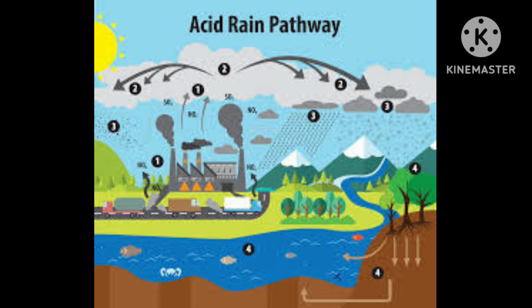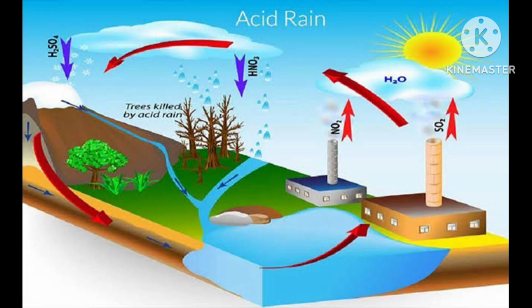Second, sulfur dioxide, sulfur. And the third is nitrogen. Sulfur forms sulfur dioxide, SO2. Sulfur forms oxides of sulfur, maybe SO2, SO3, etc.